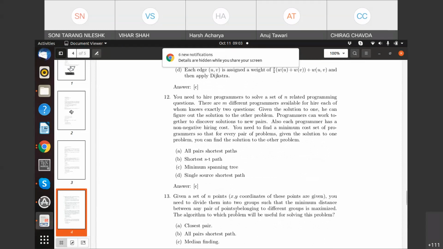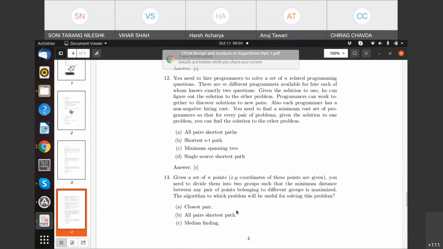The next problem, many of you gave wrong answers. So this was an interesting one. You are given a set of endpoints, x, y coordinates are given, and we need to divide them into two groups such that the minimum distance between any pair of points belonging to different groups is maximized. Which algorithm will be useful for solving this problem?